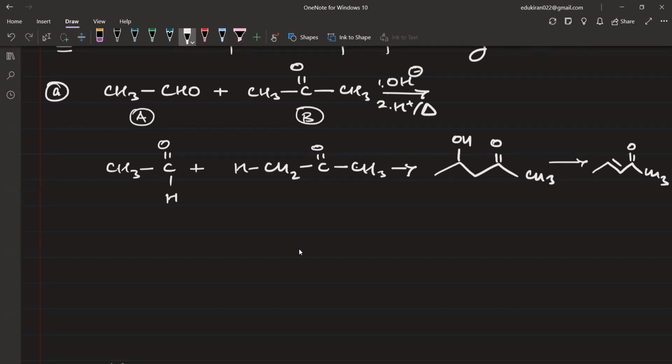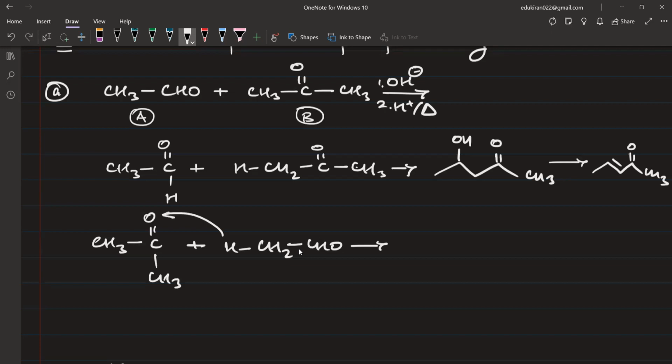Now, if I have this carbon, the ketone like this, see, double bond O, CH3 plus hydrogen CH2, CHO. Now, in this case, the hydrogen of aldehyde is going to the oxygen of ketone. So you'll have CH3, COH, this CH3 as it is, CH2 and CHO. Okay.